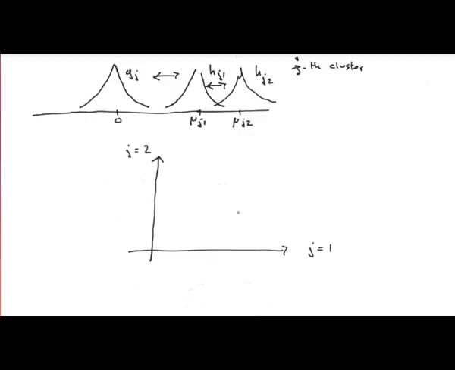Suppose my first group is around here, z equals 1, and my second group is somewhere here, z equals 2.